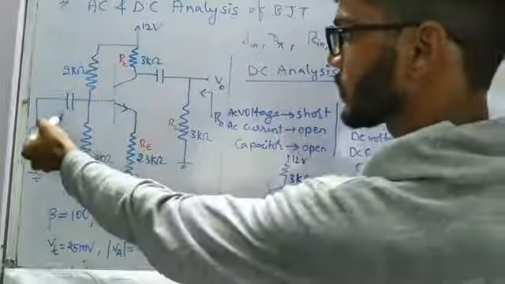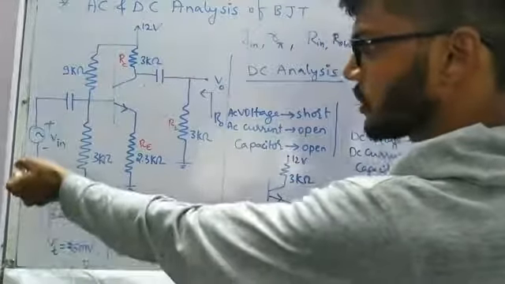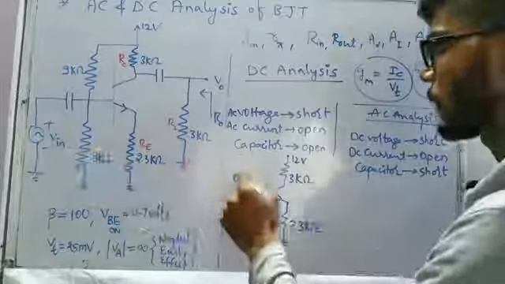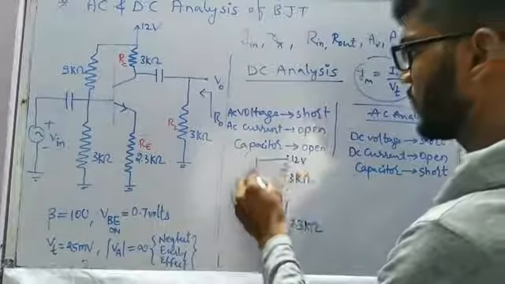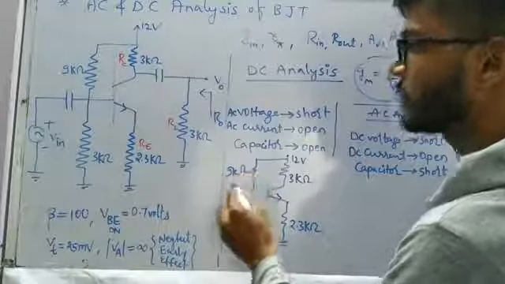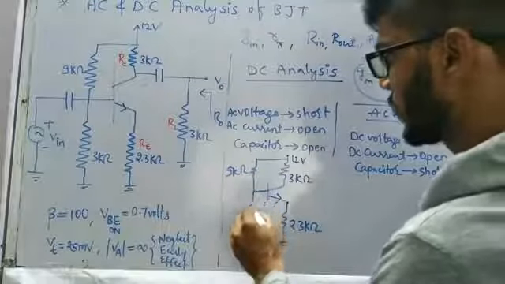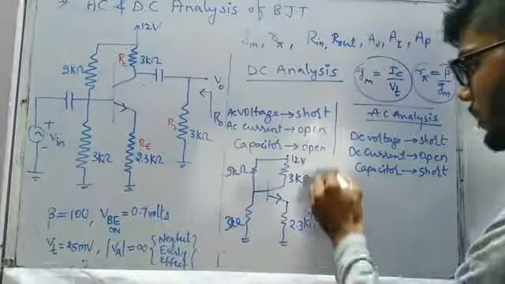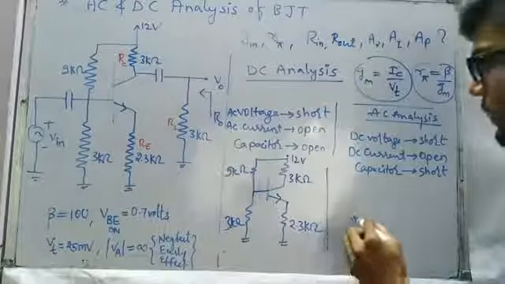Here also the capacitor will be open circuited, so we need not worry about the voltage source there either. Here it has 9 kilo ohm resistance and 3 kilo ohm resistance grounded at the base. Now we'll try to simplify a little further.